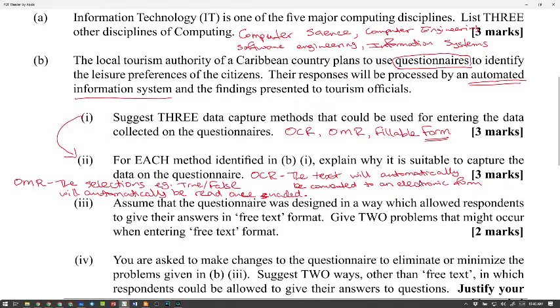Alright, so once you mention that the marks will automatically be read, then cool. It would be nice if you put some sort of example like true or false or ABCD or something along those lines. That would be cool. Alright, last one will be a fillable form. So data will be input directly.